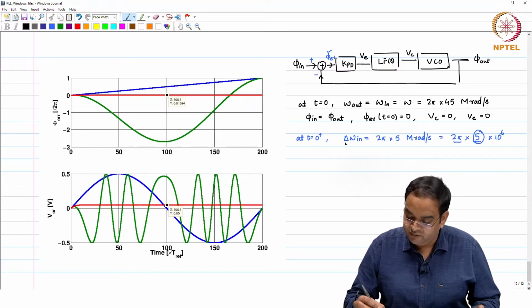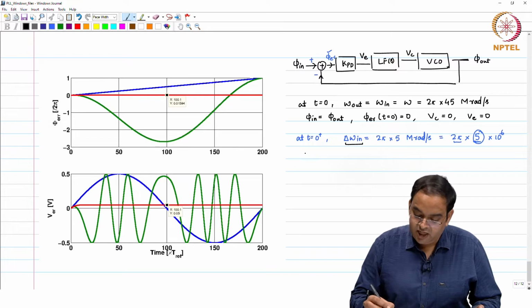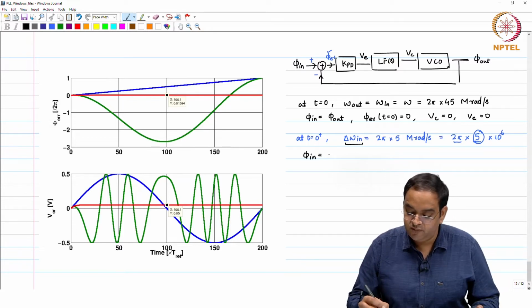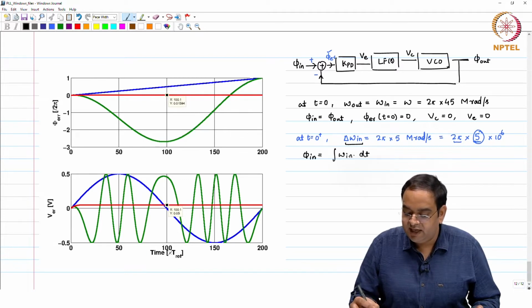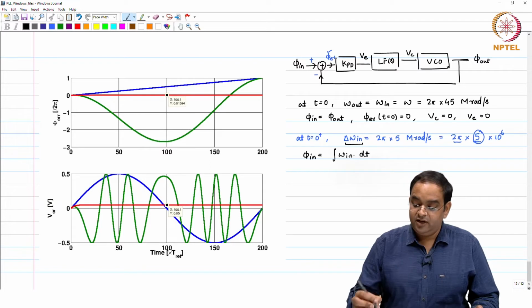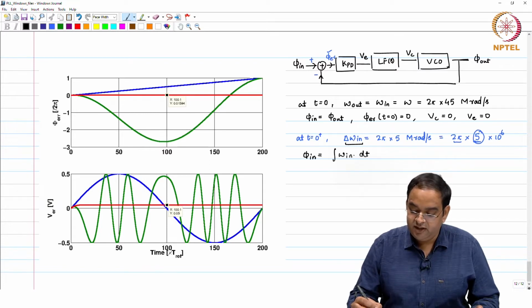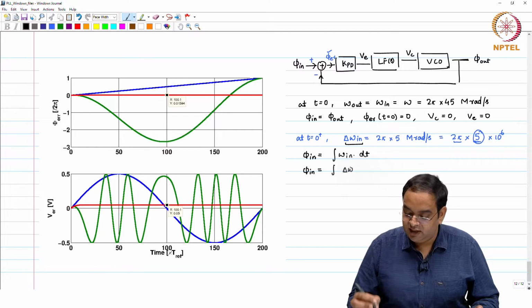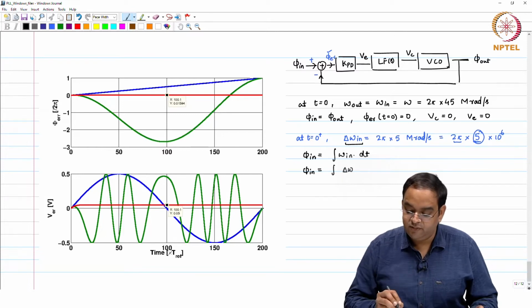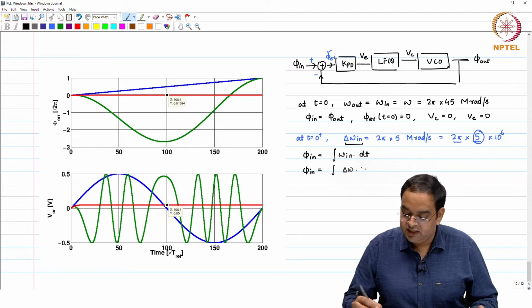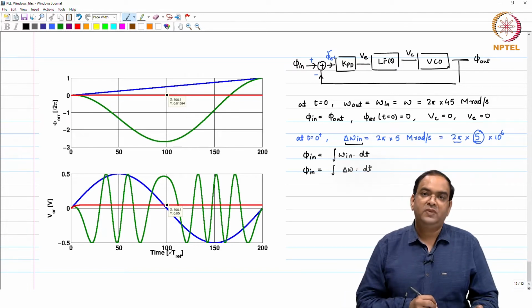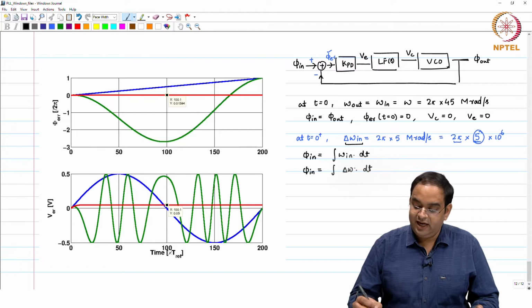When I have a frequency error at the input, how is my input phase related to the input frequency? We know phi in is equal to integral of omega in times dt. Okay. So, if I apply a frequency step, effectively I am doing this: delta omega, which is the frequency at the input I applied, times dt, at time instant t equal to 0.